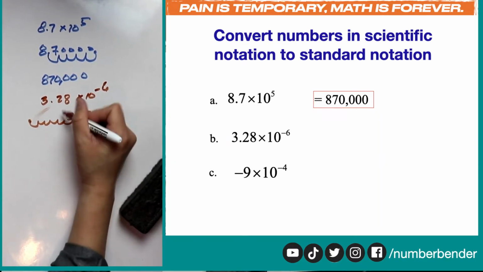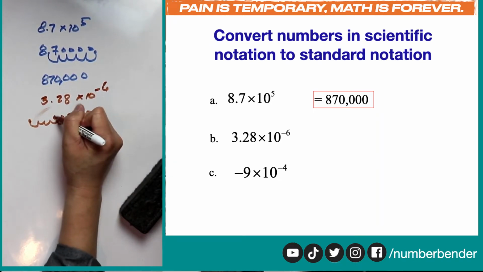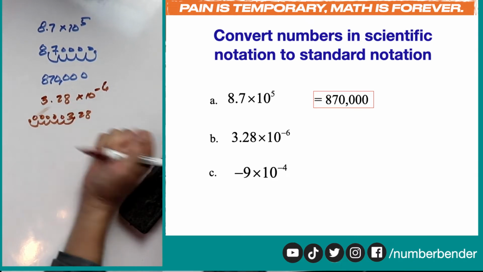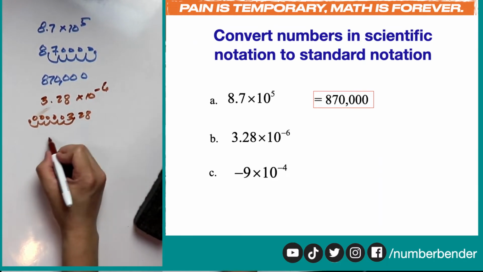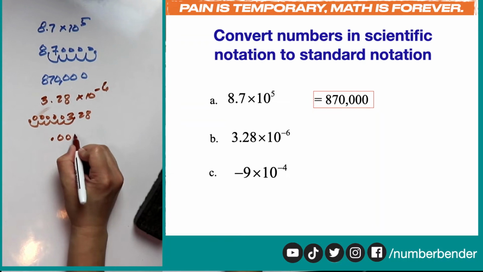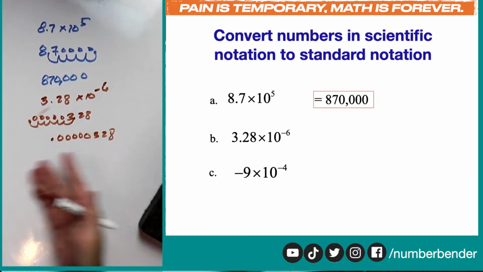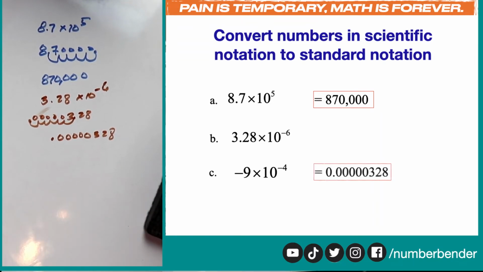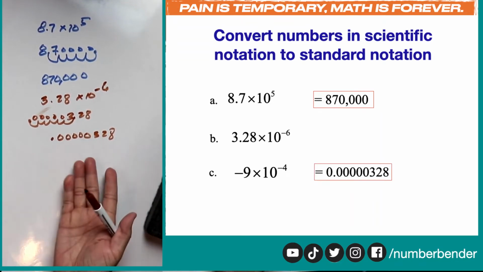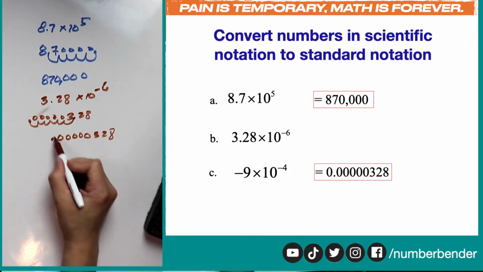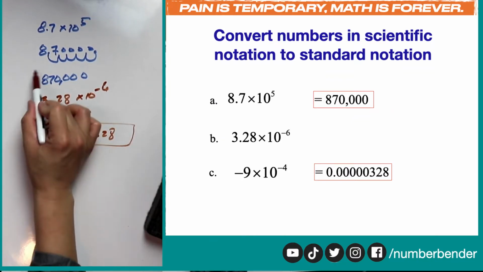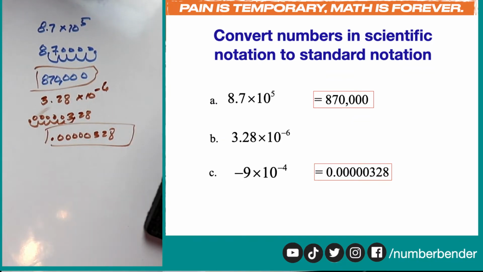And we stop, and we have 1, 2, 3, 4, 5 zeros. So that means we have 0.00000328 as the standard form of this value. So we have an extremely small value right here in its standard form, and we're able to write it correctly because we're using the formula correctly.